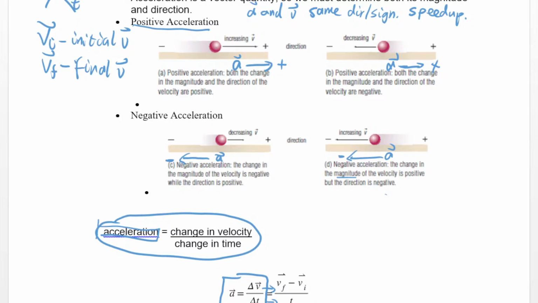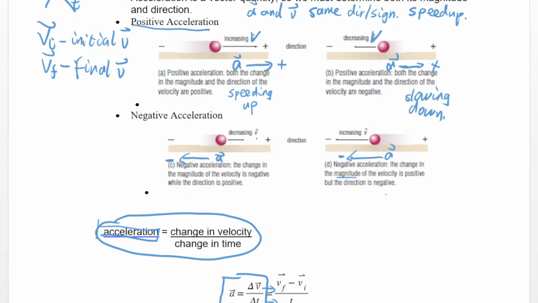It should say increasing speed, decreasing speed, not increasing velocity. So even though acceleration is positive in both cases, this one is speeding up and the other one is slowing down.